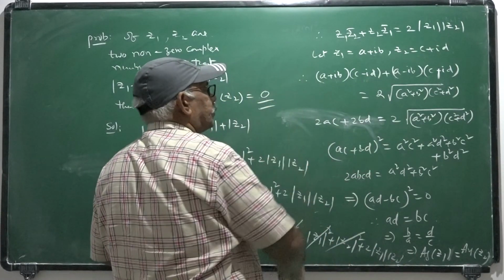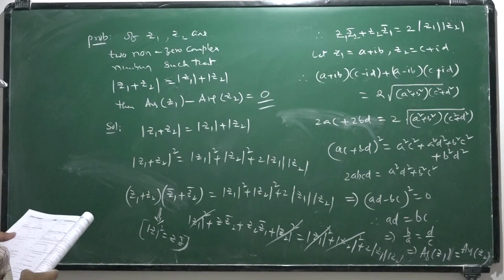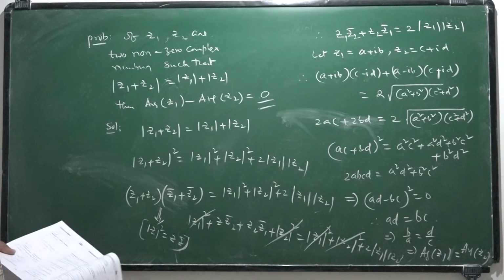Hence it must be 0. Argument of z1 minus argument of z2 must be 0 here.